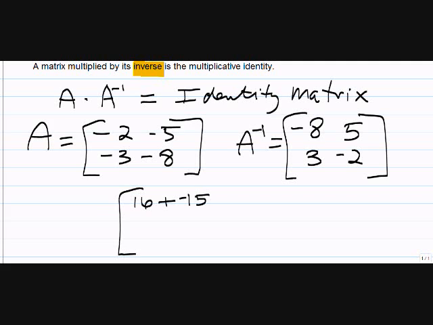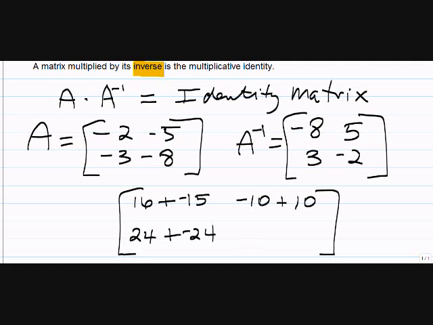First row, second column, I get -2 times 5, plus -5 times -2, positive 10. Row 2, first column, -3 times -8, positive 24, plus -8 times 3, -24.